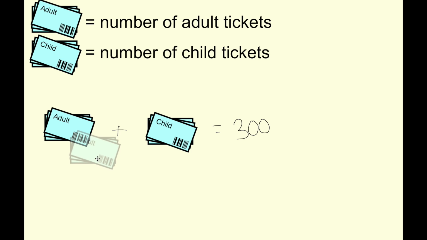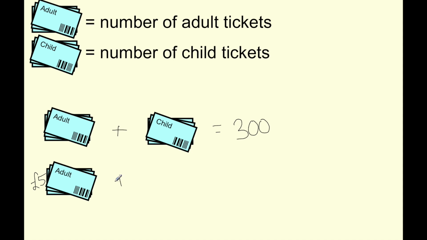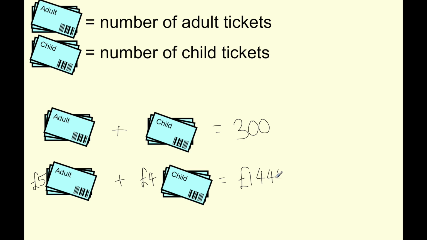So we can say that for each adult ticket, which costs £5, and then we have the child ticket, which each costs £4, and the total for all of that was £1,444.